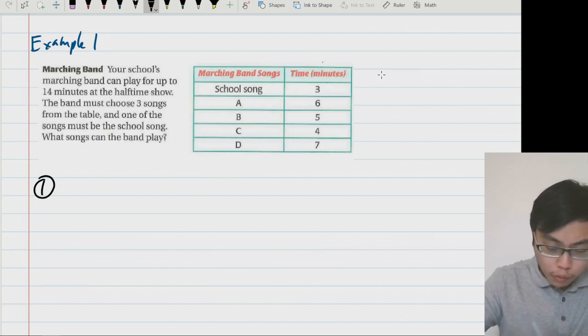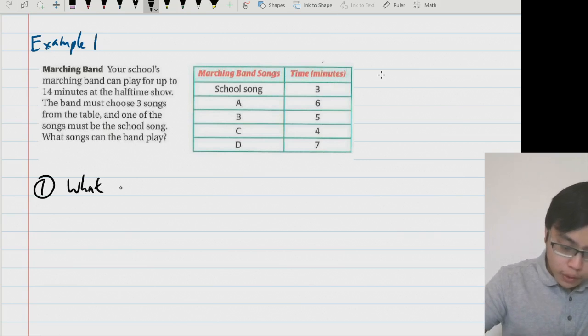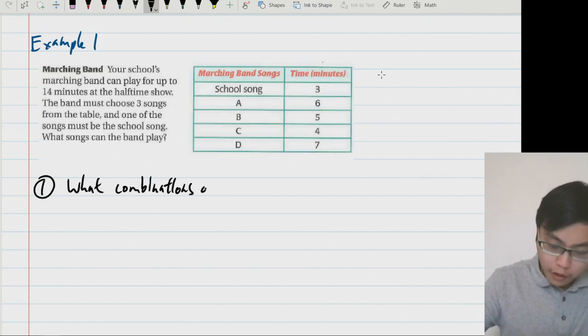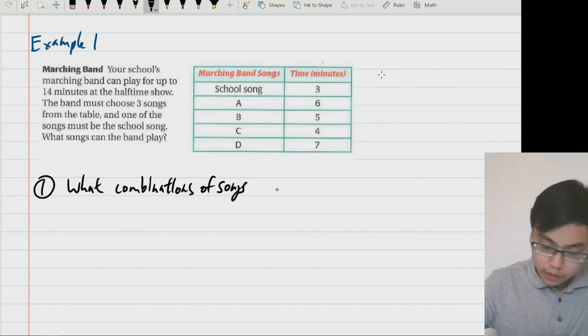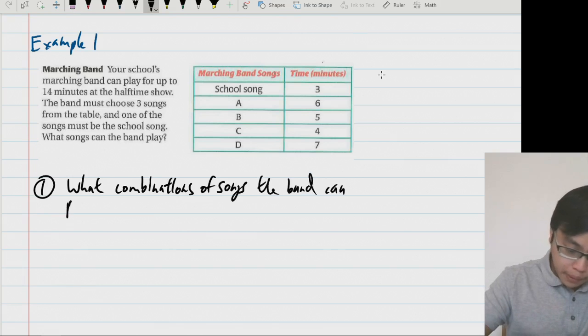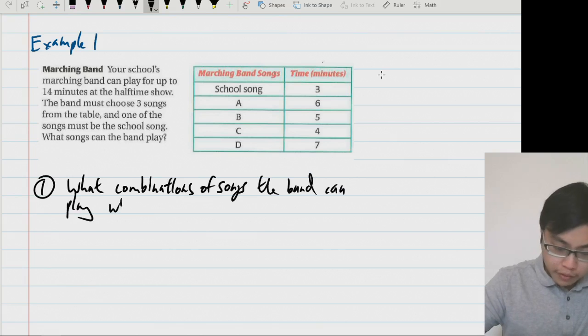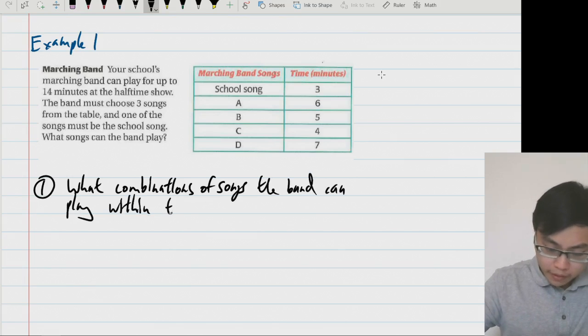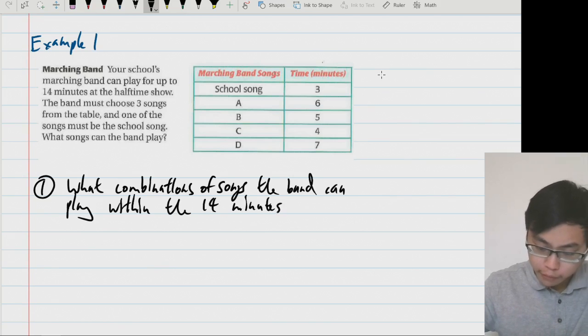We want to know what combinations of songs the band can play within the 14 minutes. That's what we want to know, right? We're reading the question.